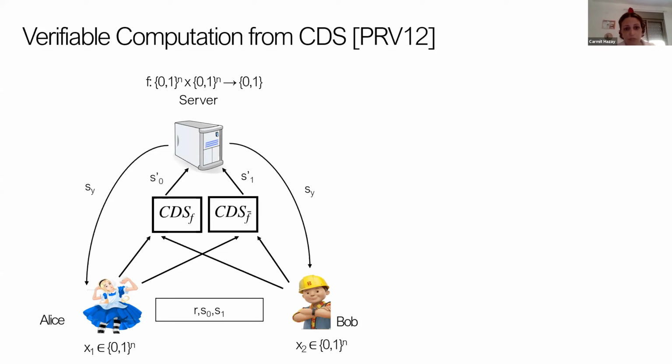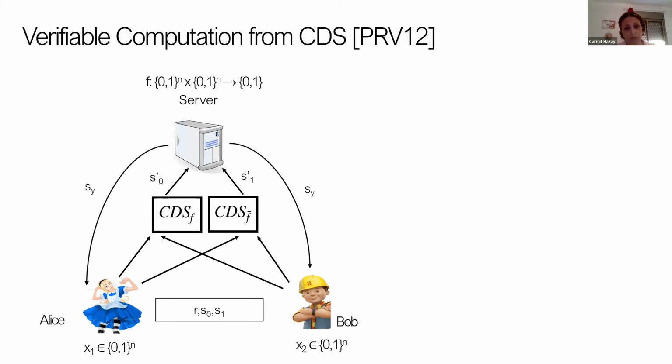So how does this construction work? Given two CDS for F and F bar, we use these CDS to construct verifiable computation. Again, this is based on prior work. Basically you have two secrets and you encode them for the two CDS.